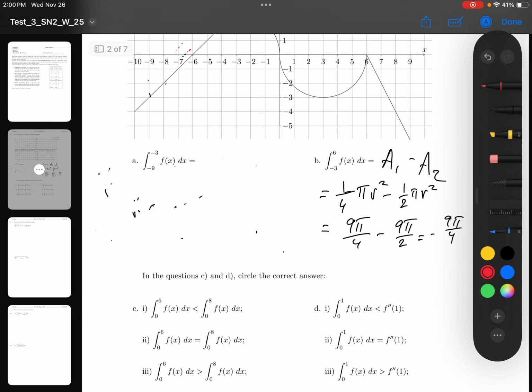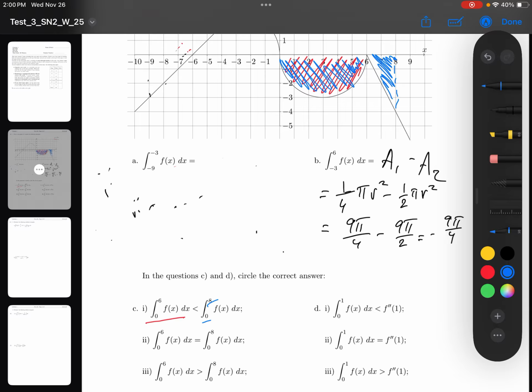So this is the net area from 0 to 6. From 0 to 6, this is the graph. Obviously, it's a negative value, right? Compare it to this one right here. The definite integral from 0 to 8, that definite integral gives me this area right here.